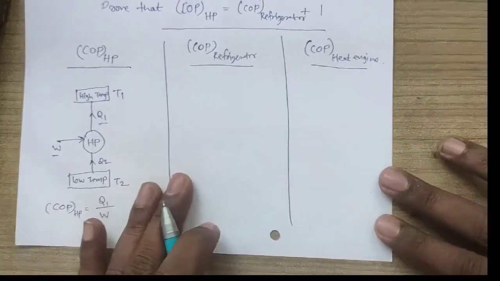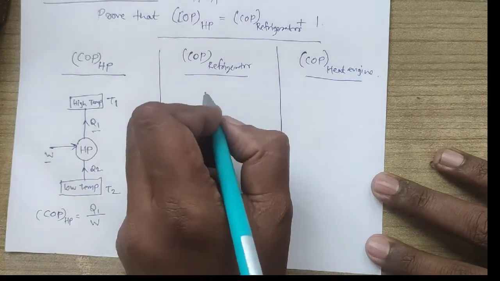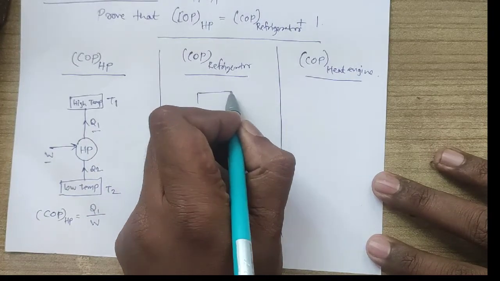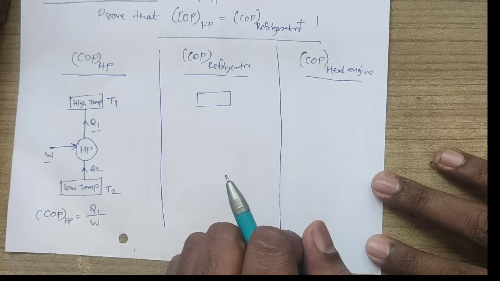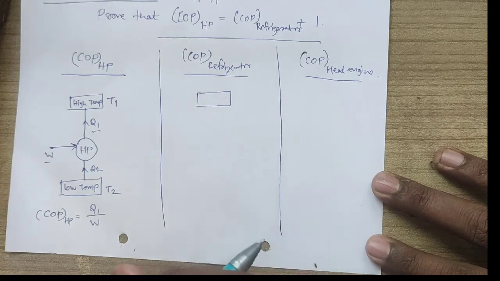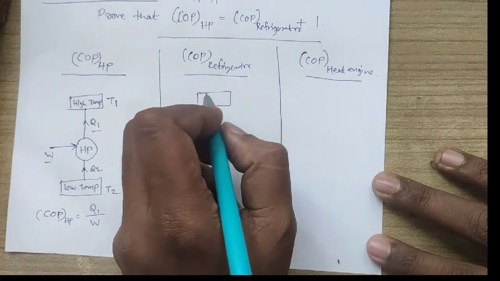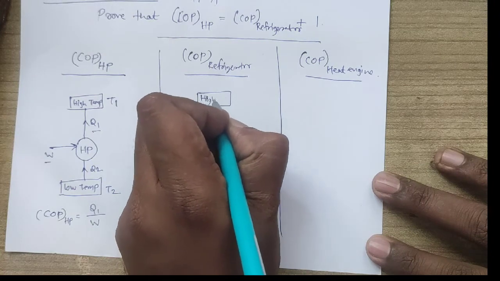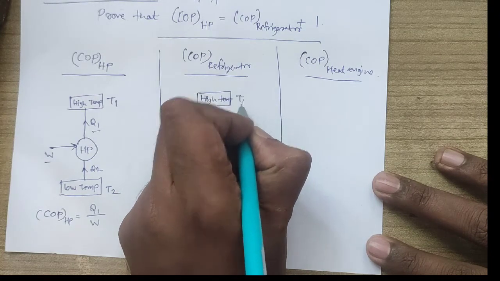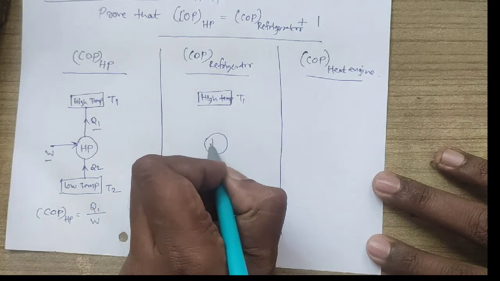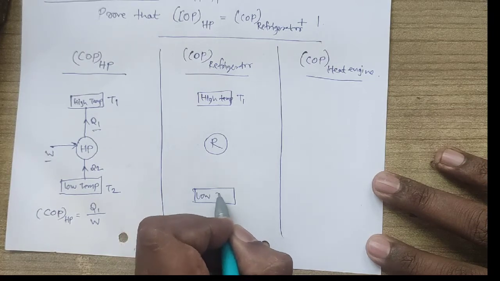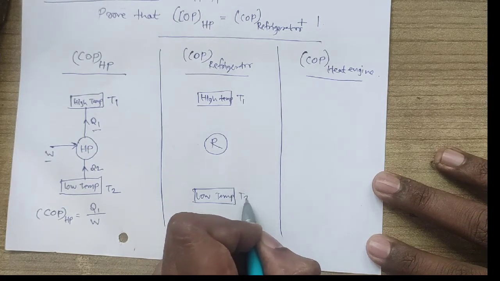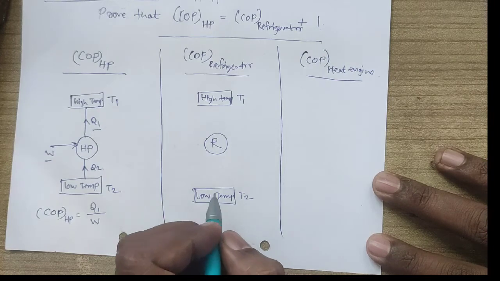Clear? Now next one is COP of refrigerator. Refrigerator means we have to maintain the lowest temperature of the low temperature reservoir, so we have to move heat energy from the low temperature reservoir towards the high temperature reservoir. Here is the high temperature reservoir T1, the refrigerator, and the low temperature reservoir T2.